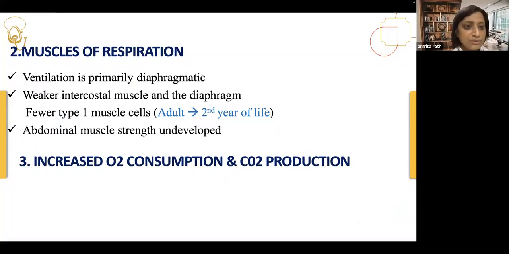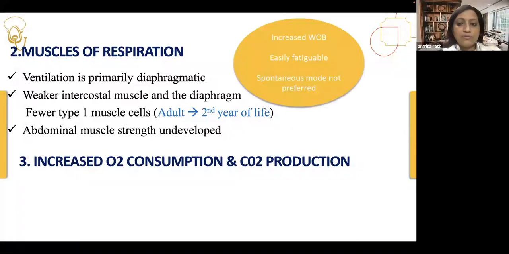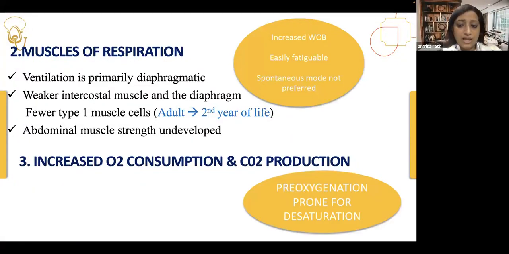As well, when there is a problem with the intercostals or the diaphragmatic muscle, usually the abdominal muscles take the upper hand. Here their abdominal muscles are not well developed. So basically their rib cage and skeleton are also a problem, and so are the muscles. At the same time, their consumption of oxygen and CO2 production is very high because the BMR is high. So pre-oxygenation is mandatory and they're prone to desaturation.